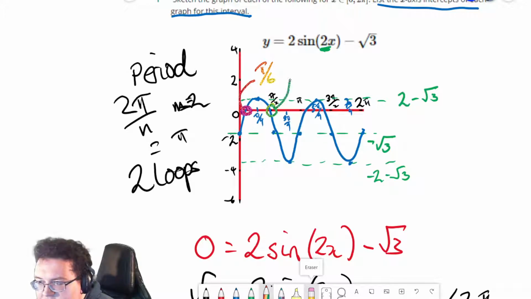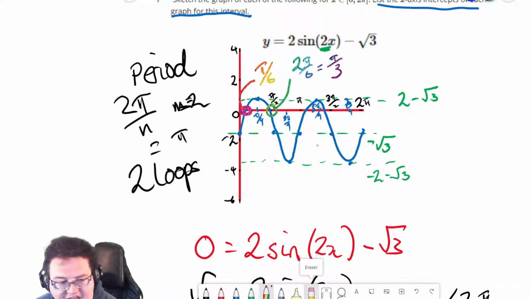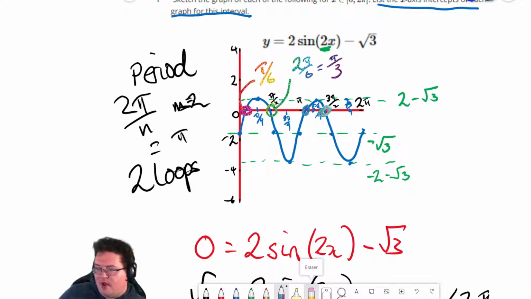And that is 2 pi on 6, which is just pi on 3. But what else do I have inside my domain that I've got drawn here? I have this one here and this one here. So my question for you is, what am I going to add to both of those so that I can get my answer?